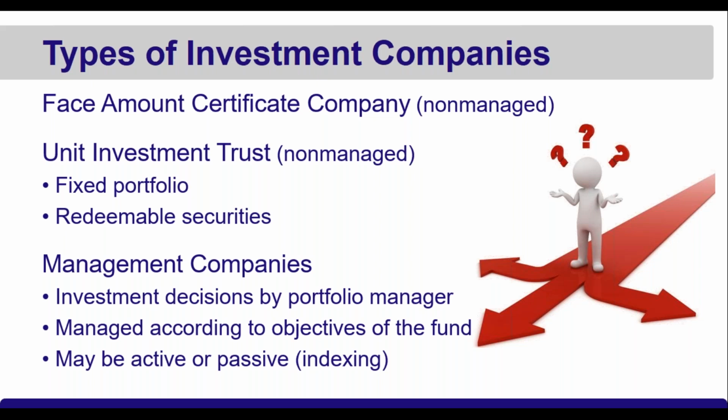And that can be managed either actively, meaning you got a human being making decisions when to buy, when to sell, what to buy, and what to sell, and that would be called, of course, active management. Or you could have a fund that is managed by a computer.